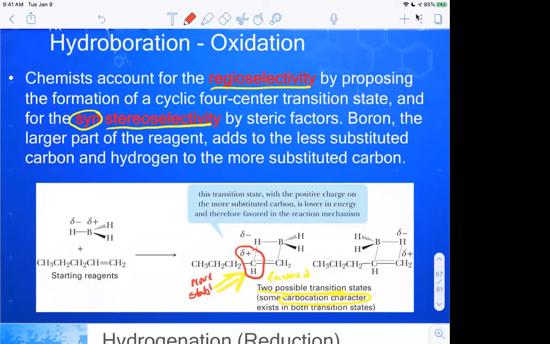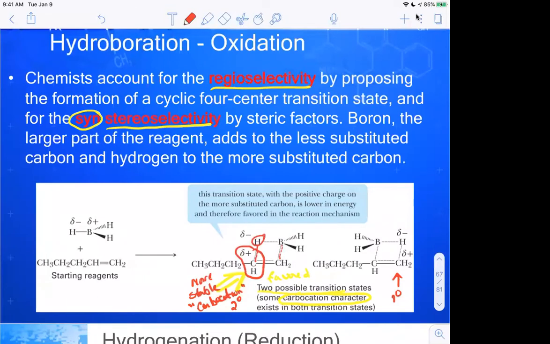It's not a total carbocation, but it is partially positive. This is kind of like a primary, whereas this is like a secondary. So the hydrogen is going to add here, and the boron will add to that least substituted carbon.